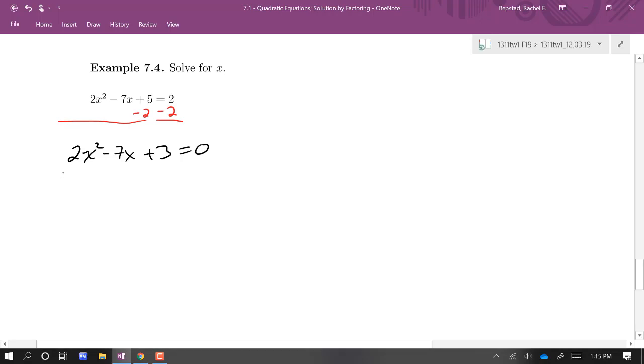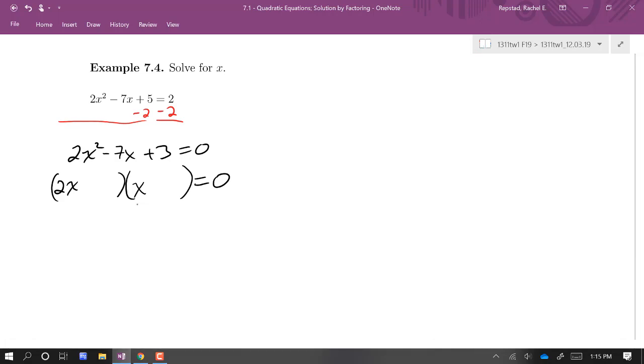What do we do now? Factor. And this is one of those unfoiling ones, because it's a trinomial, so we're going to see if it'll unfoil. May not be quite as simple as the last one, but it won't be too bad because both our leading coefficient 2 and our constant term 3 are both prime. So we know we need a 2x and an x, and then we know we need a 3 and a 1. Either both positive or both negative, because we get a positive 3.